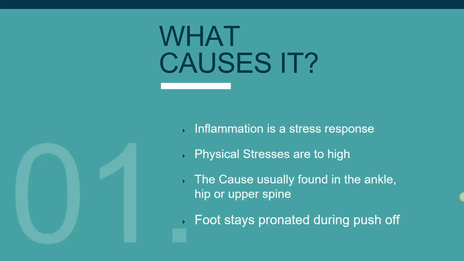So what causes plantar fasciitis? Again, inflammation is a stress response. It is the first phase of healing. Whatever is happening to that tissue is causing it to break down, and the body feels a need to heal it. So the physical stresses are too high. This is usually caused by improper ankle motion, hip motion, or upper spine motion. When the foot flattens out or pronates, that causes stress on the plantar fascia.